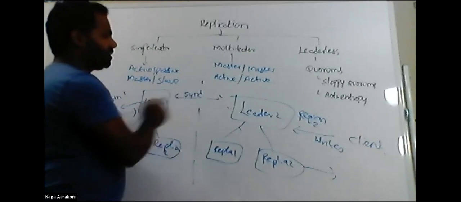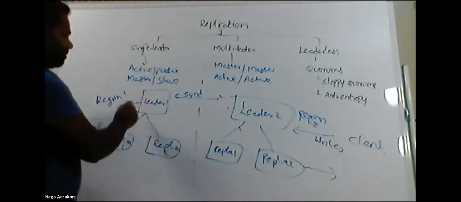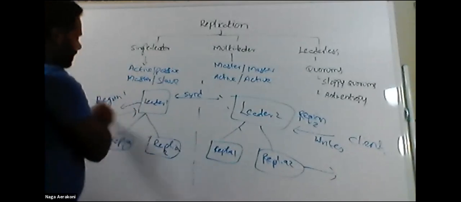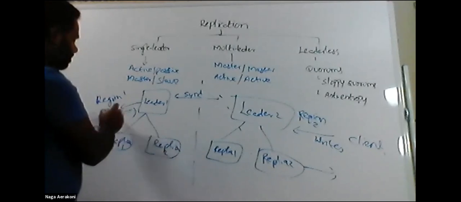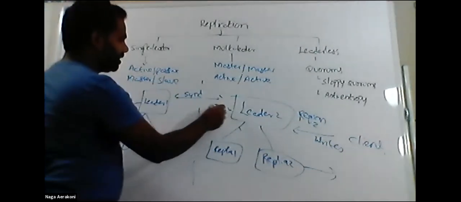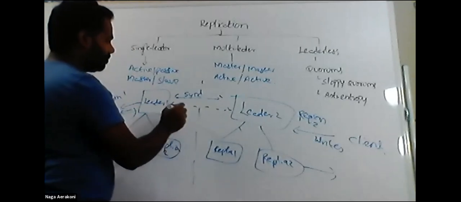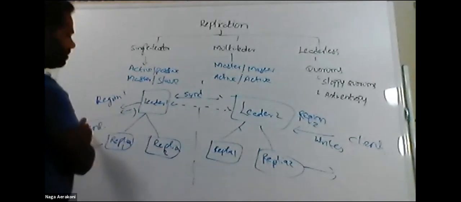Whenever a write happens to leader 1, it cannot acknowledge the client. If we choose synchronous, it just needs to get an acknowledgement from leader 2 that it has accepted this write, and only then will it respond to the client.